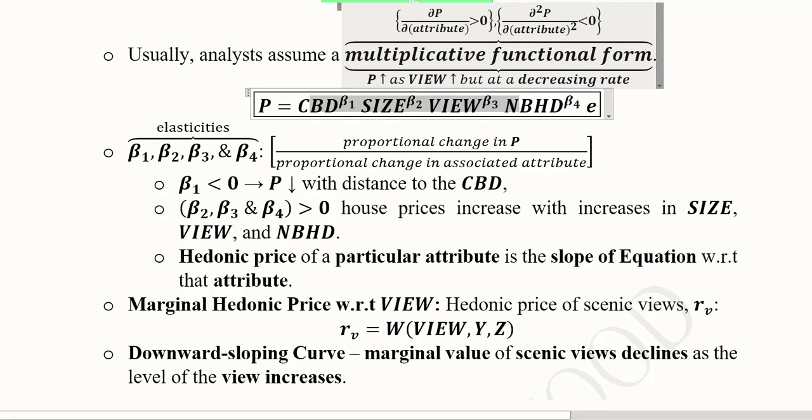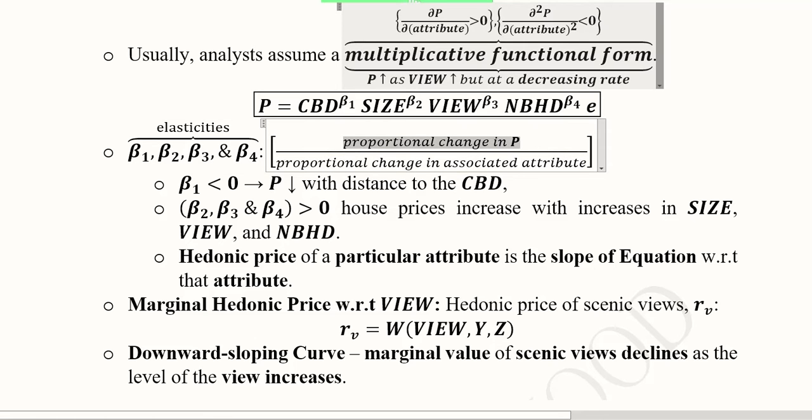These are the various hedons or the features that we refer to, and these are their powers that represent the elasticities of the various factors, how they affect the price. These are the four elasticities.